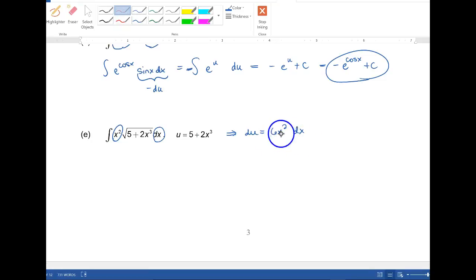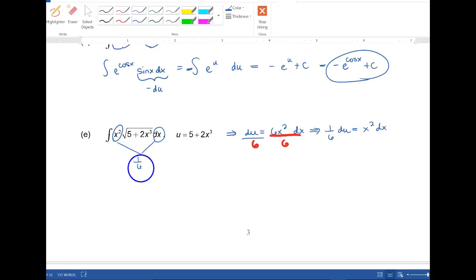So what I'm going to have to do is divide by 6, or think of that as multiplying by 1/6. So 1/6 du equals x squared dx. So it's almost like whatever I'm missing, that's what I have to divide by or multiply by the reciprocal. So now these two parts combined, x squared dx, is equivalent to 1/6 du.